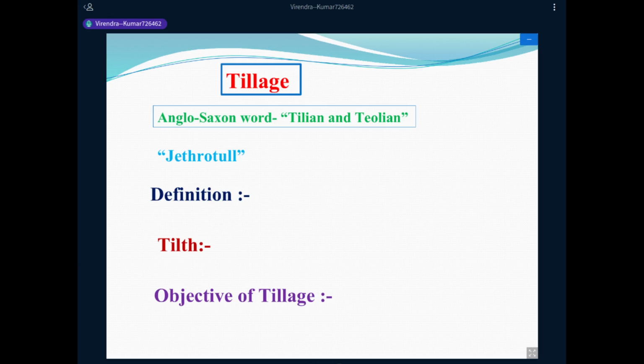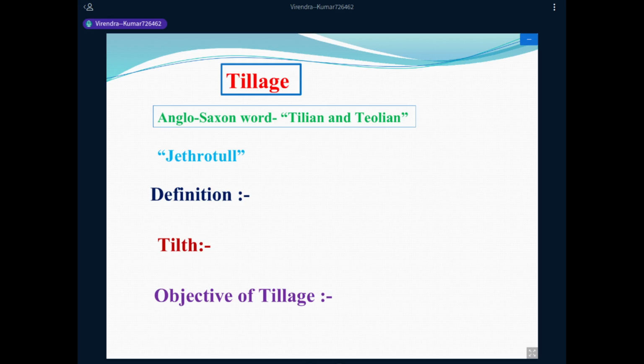The basic concept of tillage practices is to provide a favorable condition to the crop for proper growth and germination. Tilth is a result of the tillage practices.